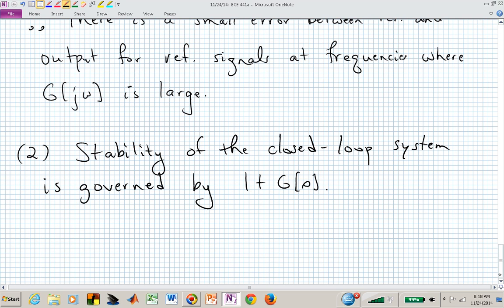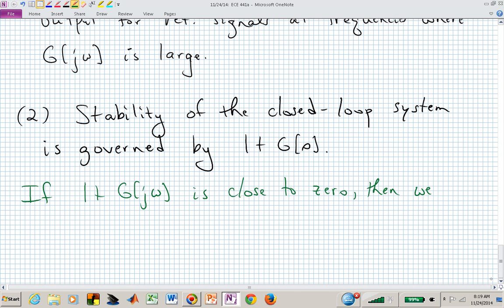If 1 plus G of j omega is close to 0, then we know we have a pole near there, since 1 plus G of S is finding the values of S where that vanishes.